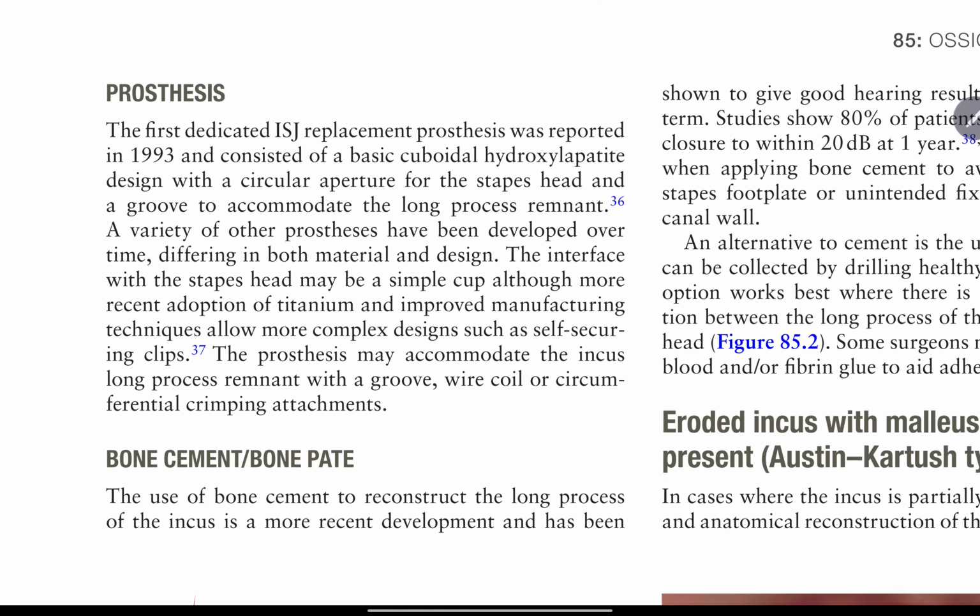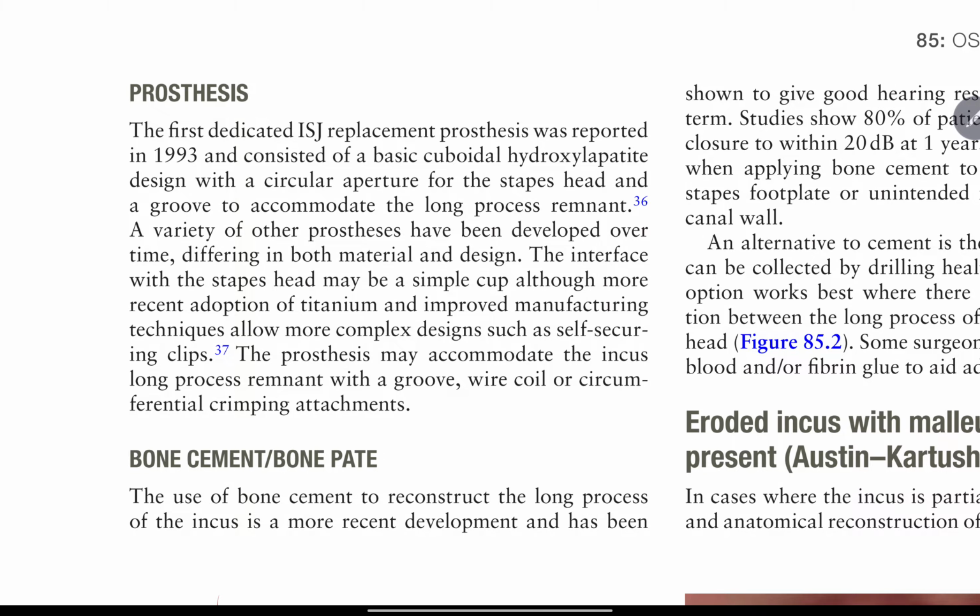Prosthesis. The first described ISJ replacement prosthesis was reported in 1993 and consisted of a basic cuboidal hydroxylapatite design with a circular aperture for the stapes head and a groove to accommodate the long process remnant. A variety of other prostheses have been developed over time, differing in both material and design.